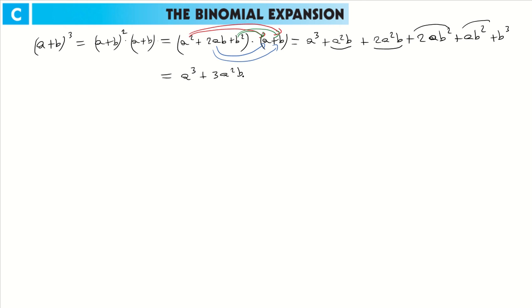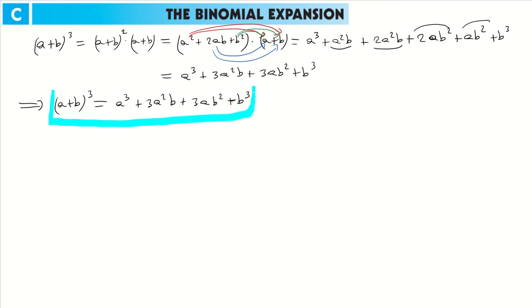If we add them up, that is equal to 3ab^2. And I keep the b^3. So I can write down (a + b)^3 as a^3 + 3a^2 b + 3ab^2 + b^3.